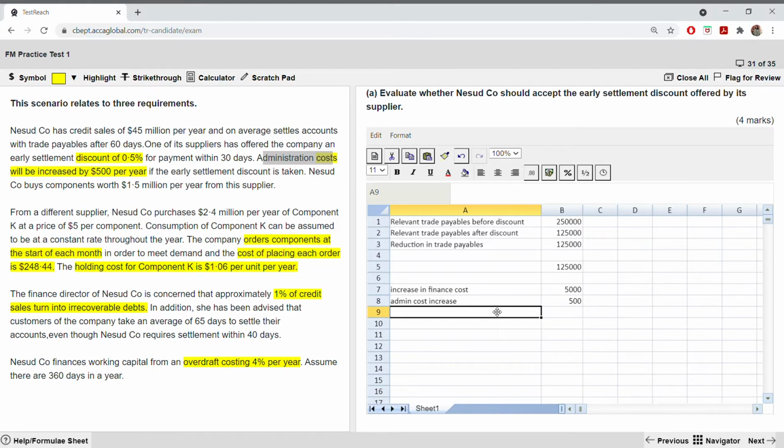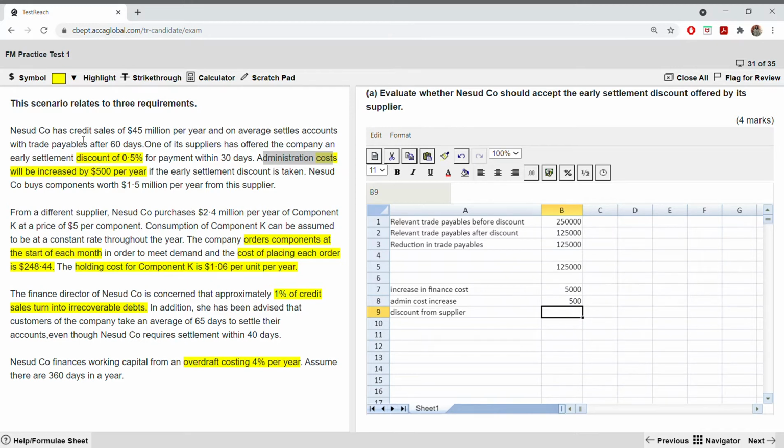Next, what is next? Discount from supplier. The discount you are getting from the supplier is a gain for you, because you are not paying the original value to the supplier.